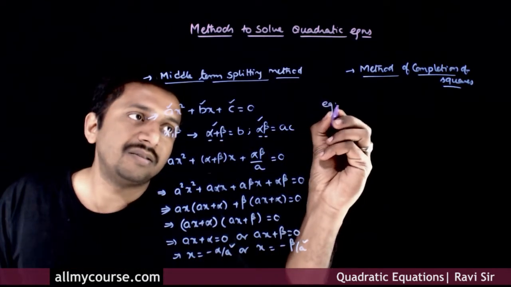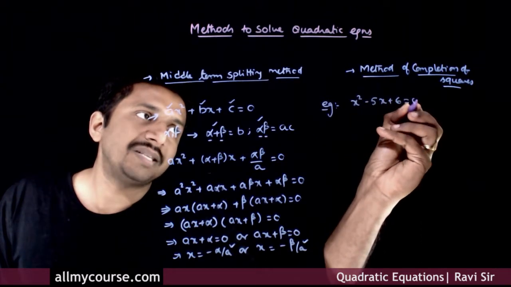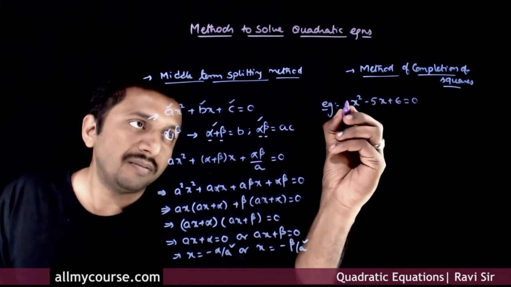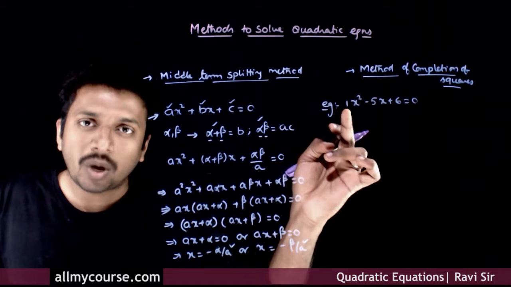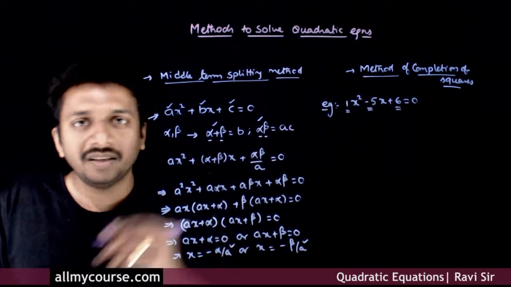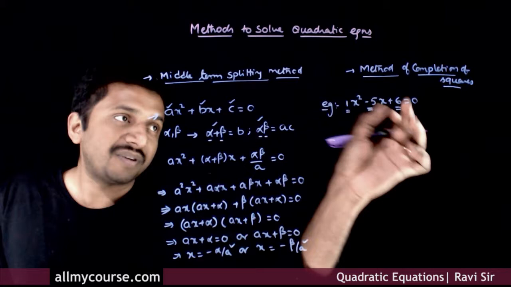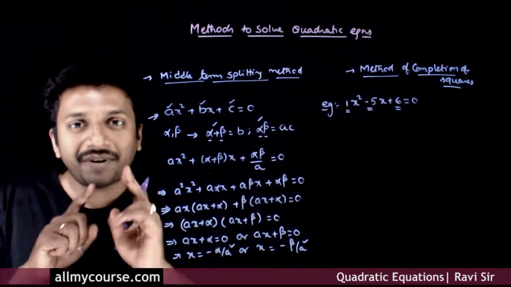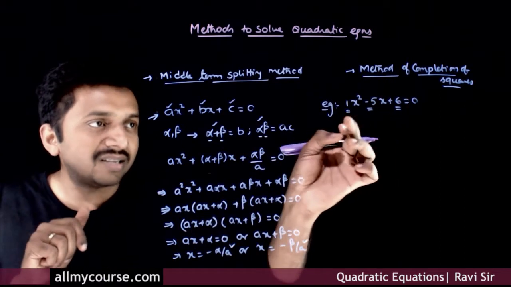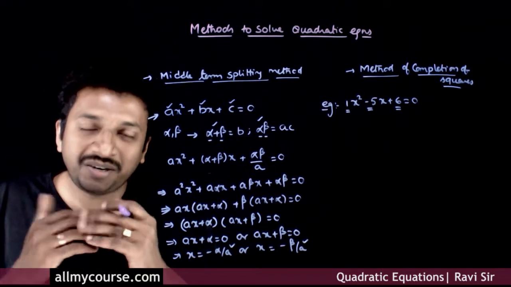If you have a quadratic equation x square minus 5x plus 6 is equal to 0, now a is 1, b is minus 5 and c is 6. Can you find two numbers such that the sum is minus 5 and the product is 6 into 1, which is equal to 6? You need to think about this.